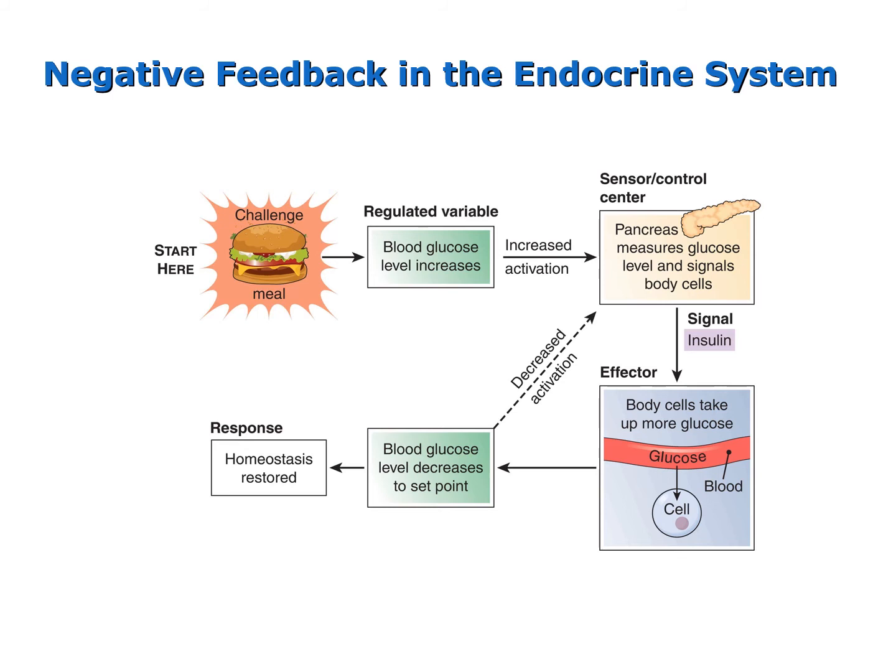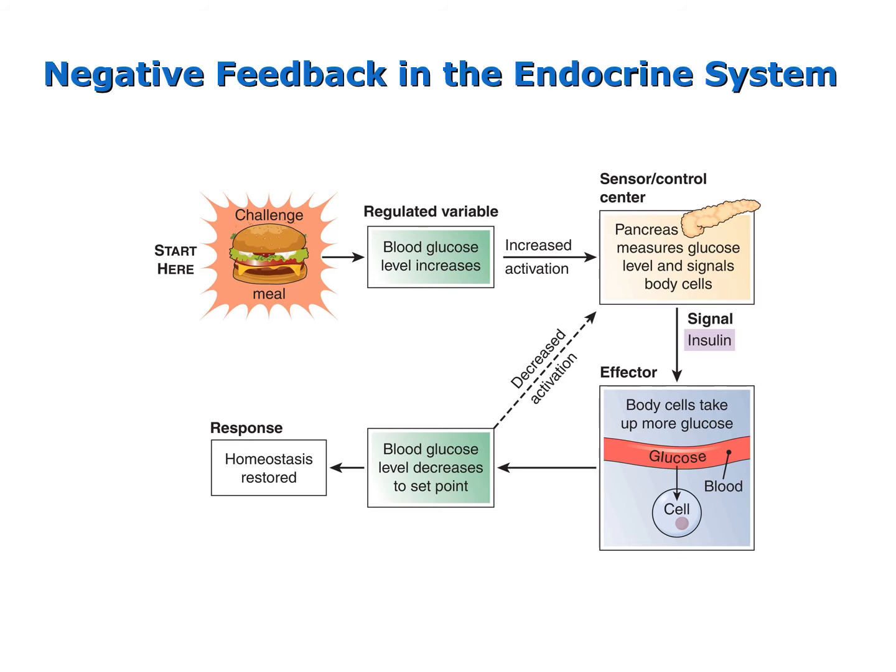So insulin will help the glucose to get into the cells, and as a result of the cells now using more glucose, because there is more insulin that opens the gates for the glucose inside the cells, the level of glucose will decrease back to what is called the set point. As a result of that, the end result will be that homeostasis was restored.